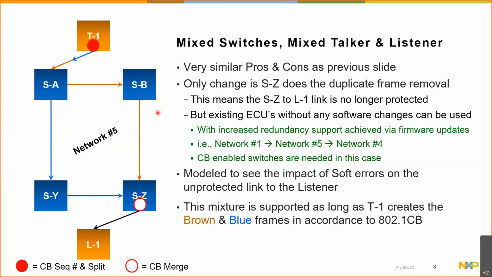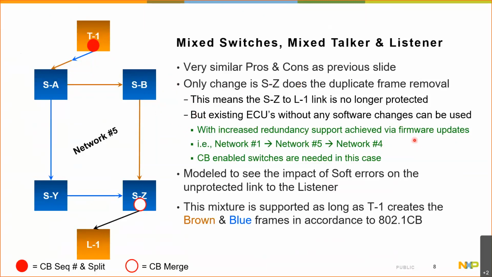So there's a strong desire to want to do that. And so the only change, again, as I've mentioned, is that link difference. But what does that bring? Well, this was something that popped out at us in looking at this, is that you could actually get different levels of redundancy and achieve this via firmware updates.